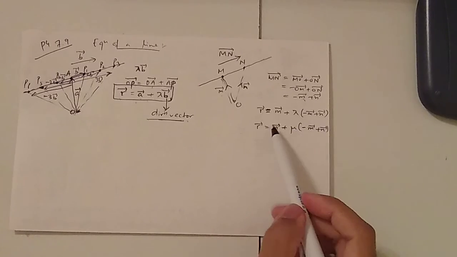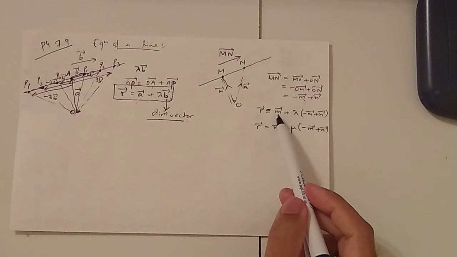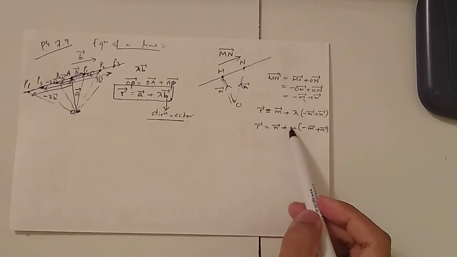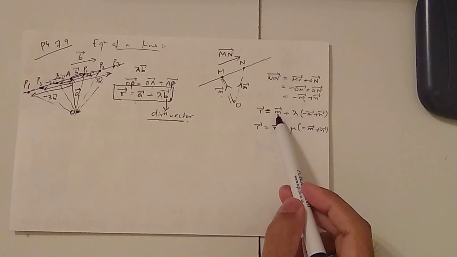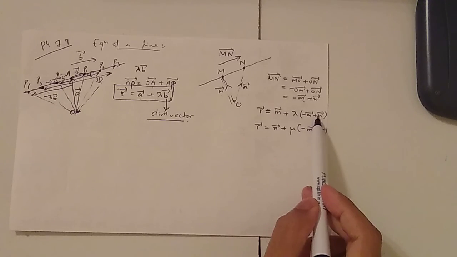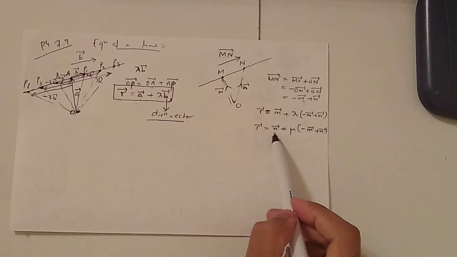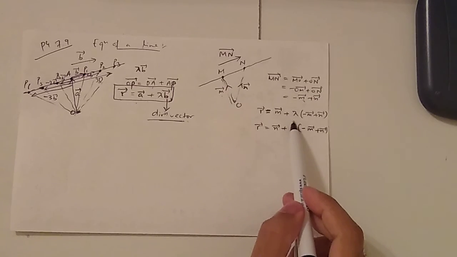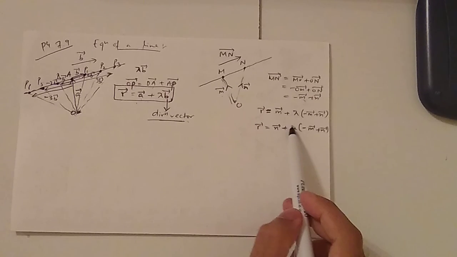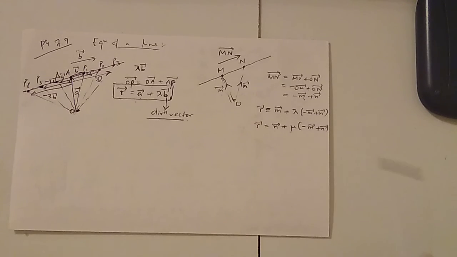Notice that if you're using M, it does not matter whether you use lambda or mu or interchange them. The reason that I've used 2 different parameters is that here you have used M, this is one version of the line, and here you have first used N. Even though they give the same line, the parameters are going to be different for the same point.